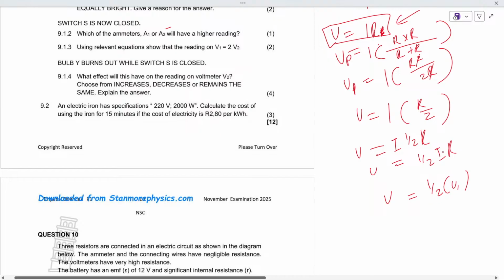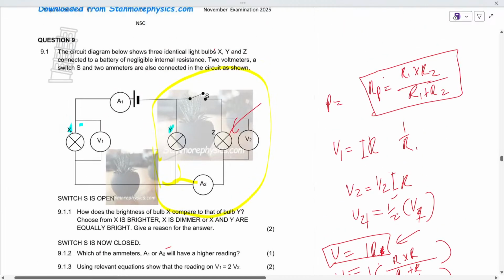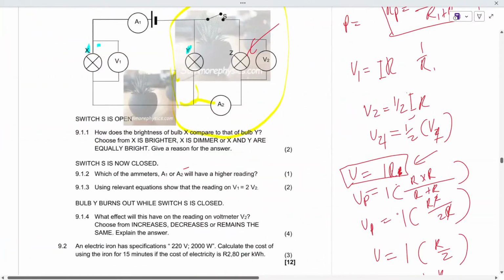We are done. V equals IR equals V1. Just say that the V in parallel is half of V in series, meaning that V series is 2 times V in parallel. That's the two ways of doing it.